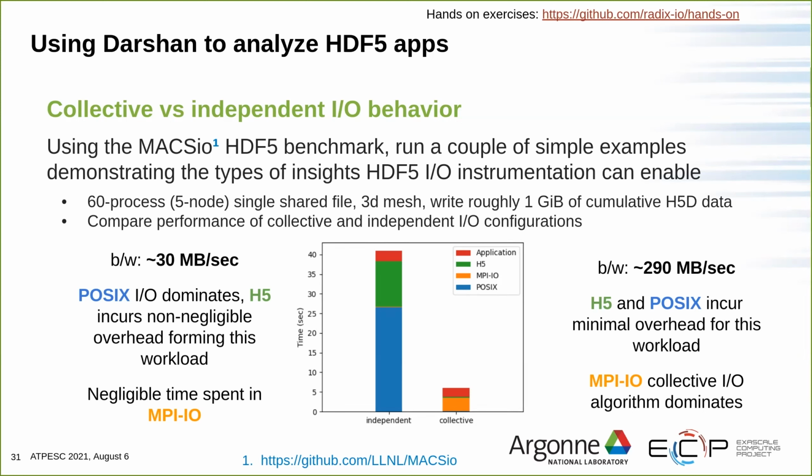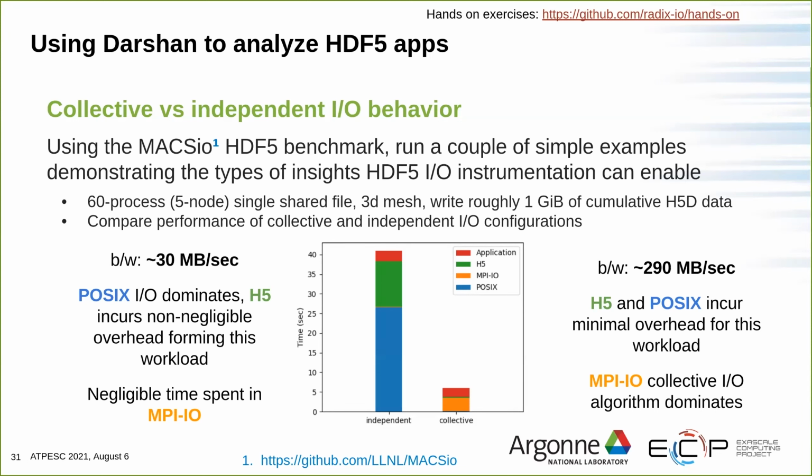What's interesting is if you compare the contributions of each of the I/O APIs to the timing in each case. On the left side, you can see that POSIX I/O completely dominates the runtime. The reason for this is just that this workload isn't decomposed into really efficient POSIX accesses like you would prefer. So basically the POSIX API is just spending a lot of time waiting on inefficient accesses to complete. You can see that there's a decent amount of HDF5 time spent here too.